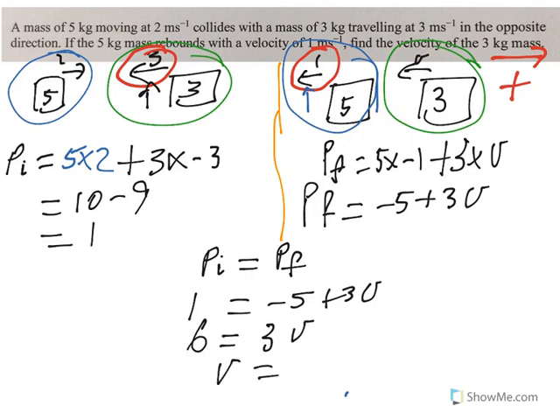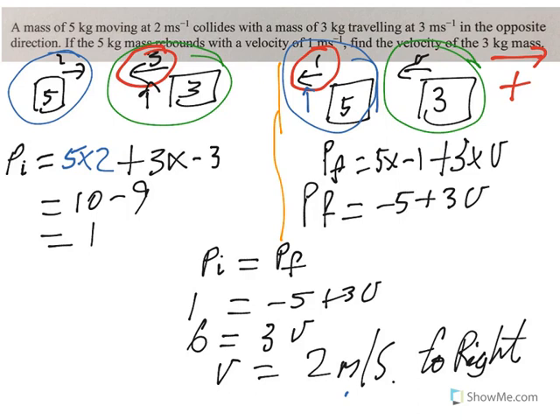So v has got to equal 2 metres per second. And it's positive, so it's 2 because I've defined positive the way that I have. The velocity of the 3 kilo mass is not the direction that I've drawn it here, but the other way around.